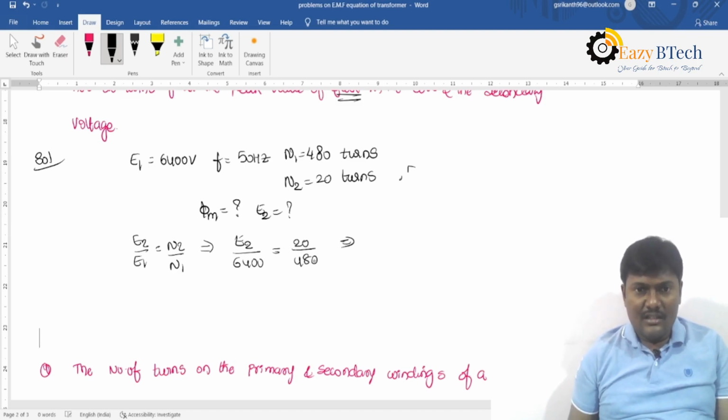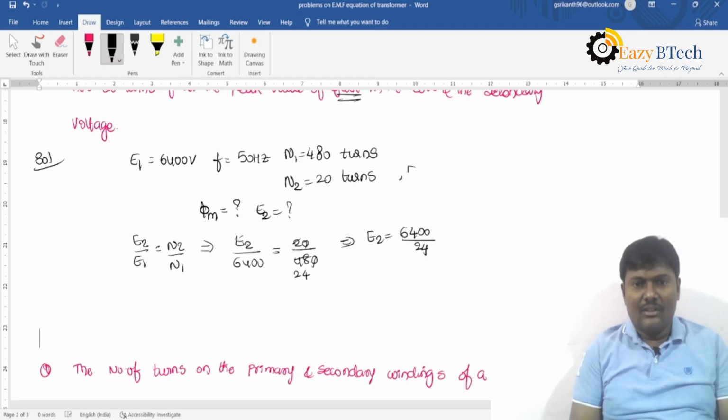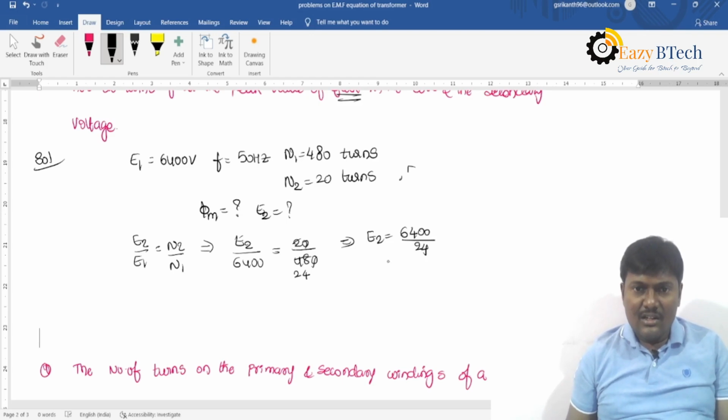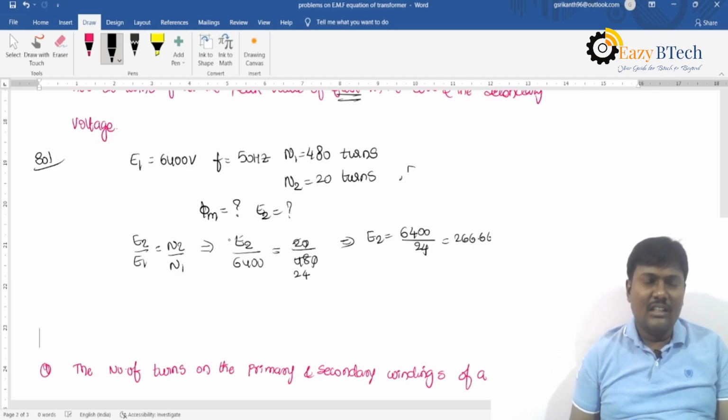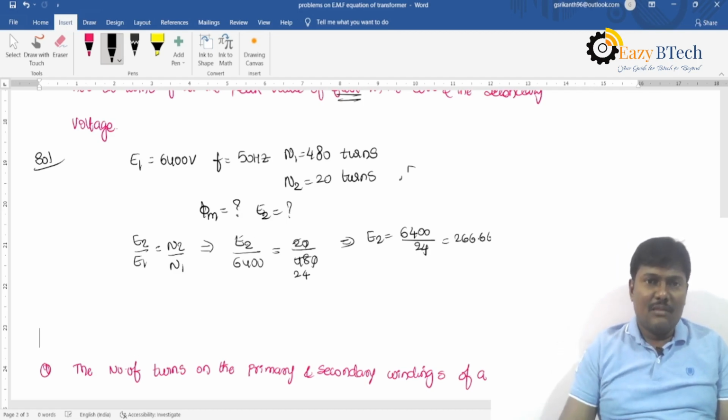From this, 24. So E2 is equal to 6400 divided by 24. So I got it as 266.667 volts. This is called the secondary induced EMF.